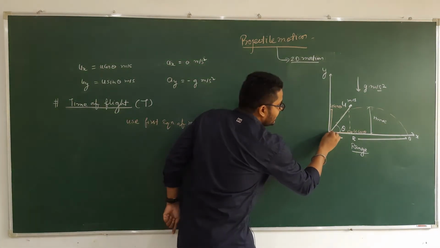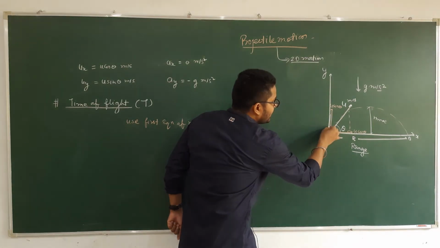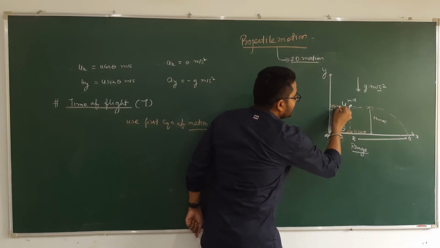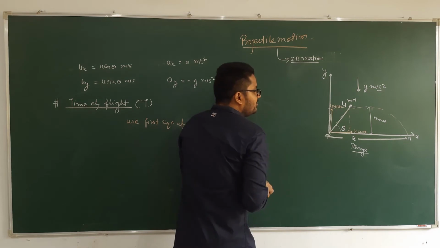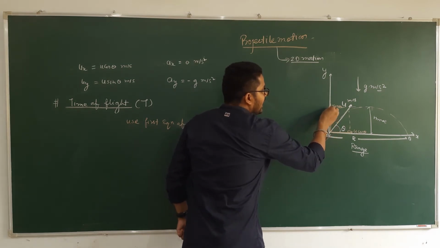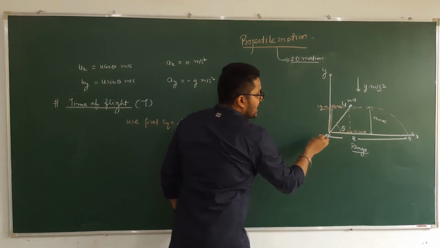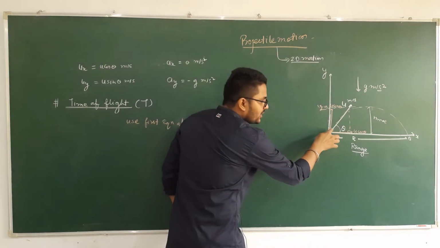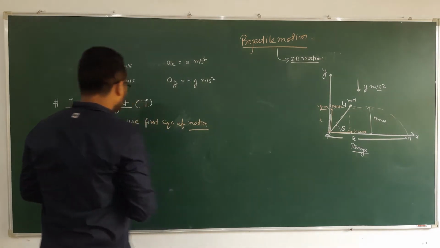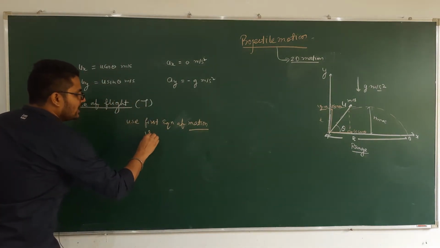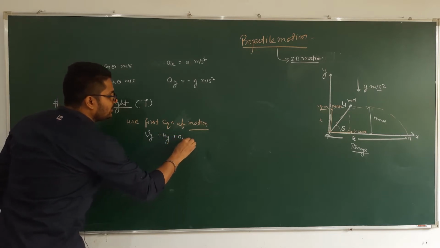How to use the first equation of motion? Initially, in the vertical direction, the velocity is u sin theta, and the particle goes to the topmost point. At the maximum height, the final velocity vy would be 0, and initially it is u sin theta. At the maximum height it will take time t. The first equation of motion: vy is equal to uy plus ay into t.